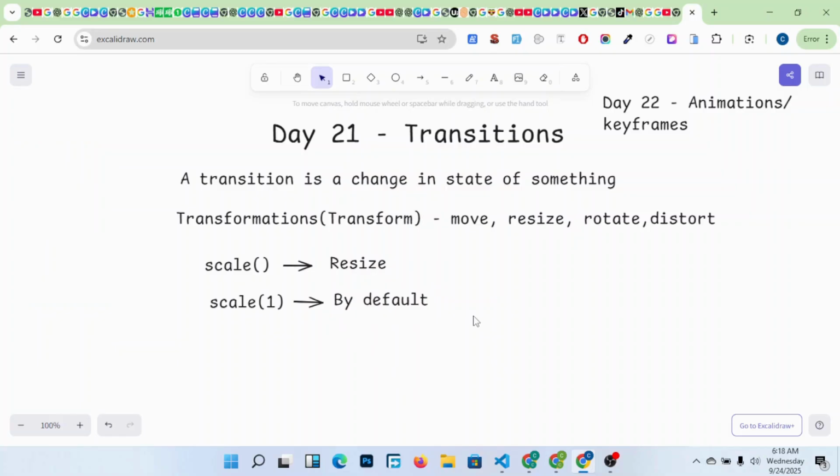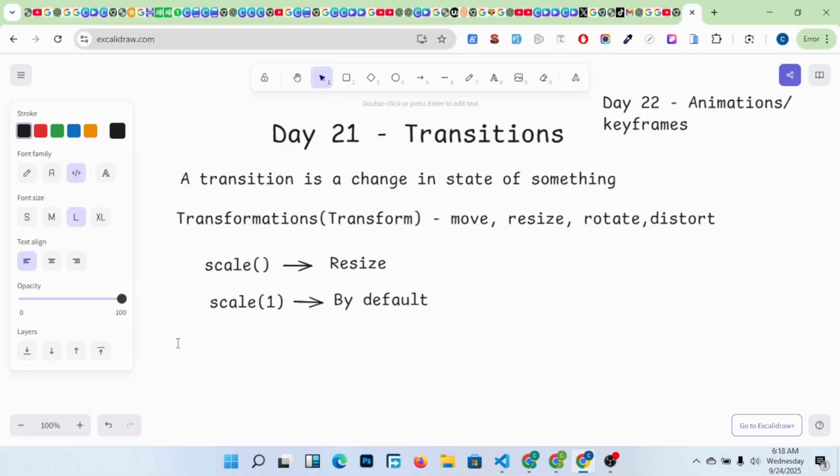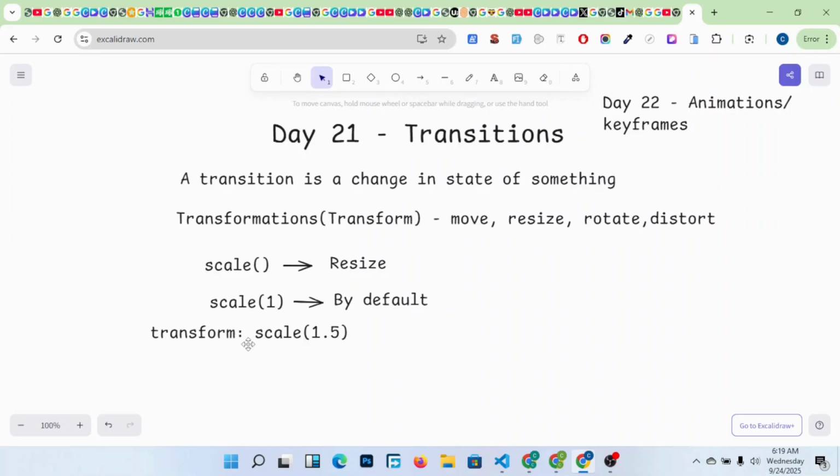If you say, for example, transform scale 1.5, what does this mean? That you have increased it. By default it is 1, then you increase it by 0.5.